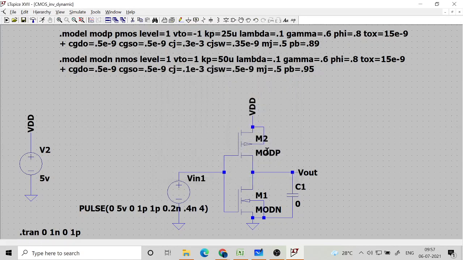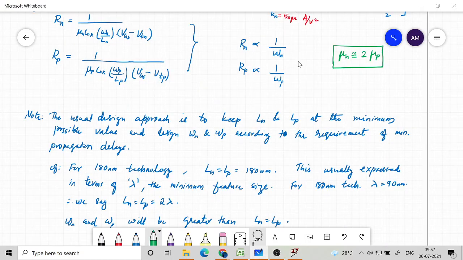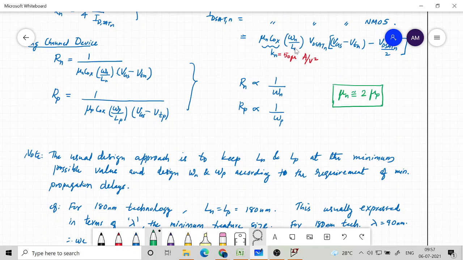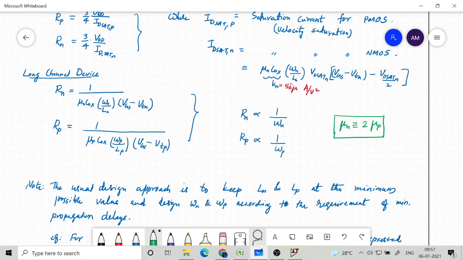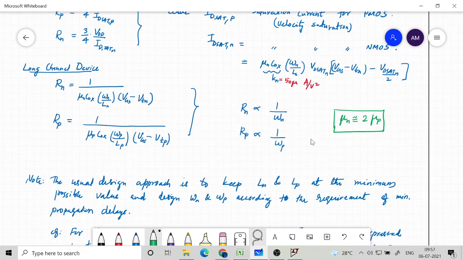I am not changing it, but WP I am making 2 times WN, so that when you multiply Kn with W by L for both transistors, it will now be the same. So beta n and beta p I am making the same. I hope it is clear.